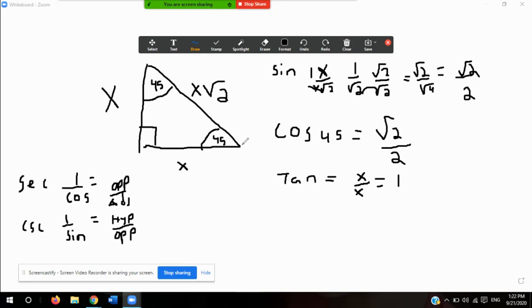So the hypotenuse would be x times the square root of 2 over 1x, or x, because it's the opposite, okay?